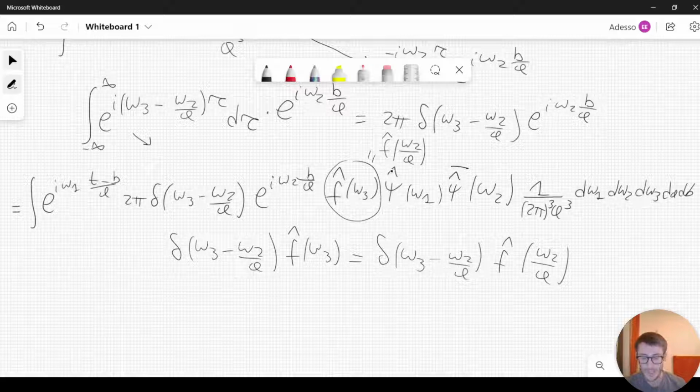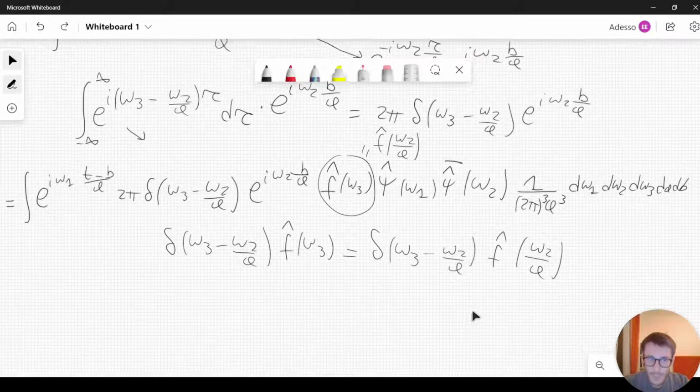Simple as that. And then I can integrate over omega 3 because now I don't have omega 3 elsewhere. I only have omega 3 here in the Dirac delta. And when I integrate the Dirac delta over the real line, because I have to integrate from minus infinity to plus infinity, I will get 1.